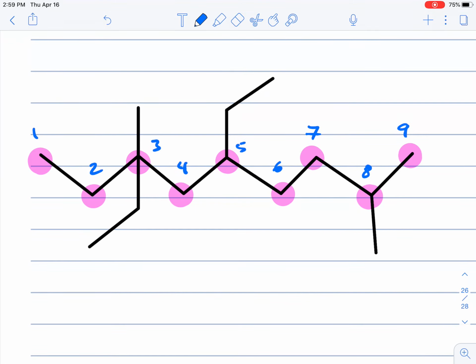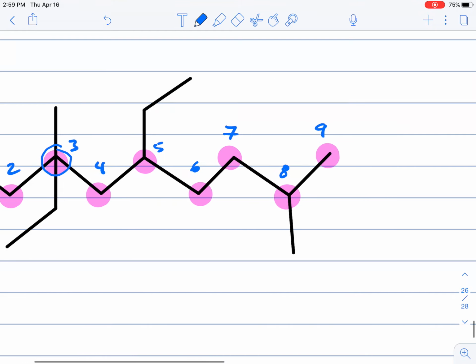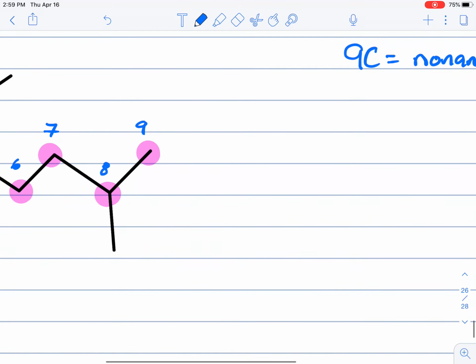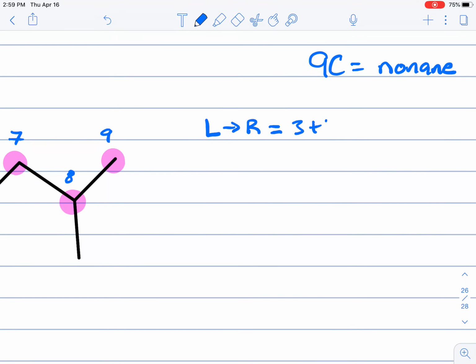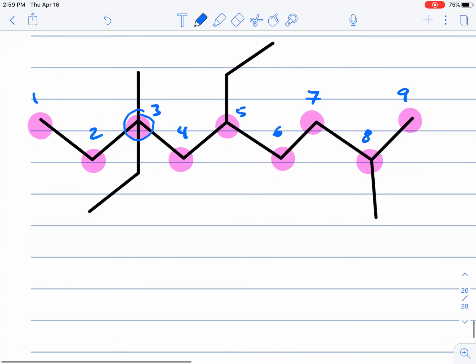So here, notice I have 2 substituents on 3. So if I go from left to right, I have 3 and 3. So 3 plus 3. Okay. And then I have a substituent on 5. I only have 1 substituent. And let me just highlight my substituents here.